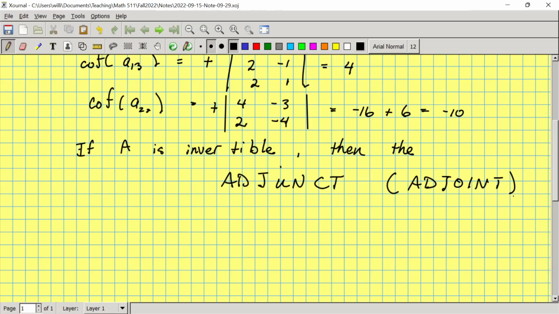So even this textbook still uses the word adjoint, which just means it's an old textbook. The adjoint, or adjunct, of a matrix is the transpose of the cofactor matrix.